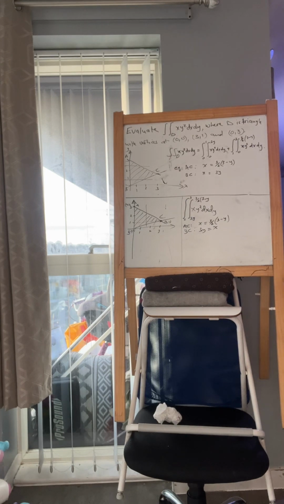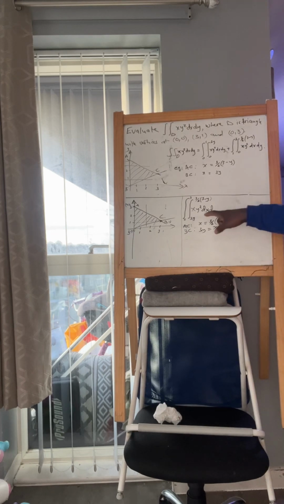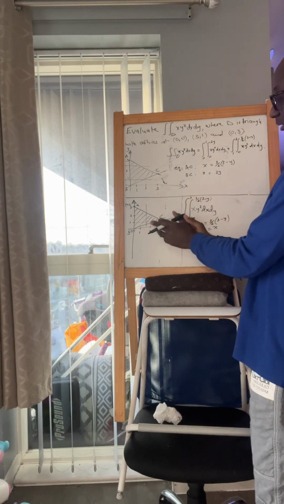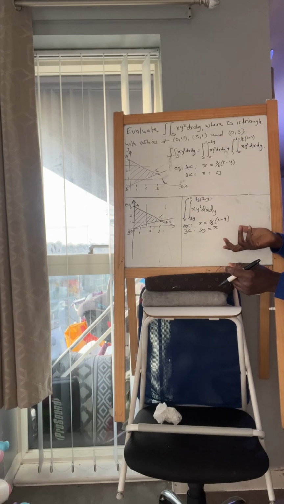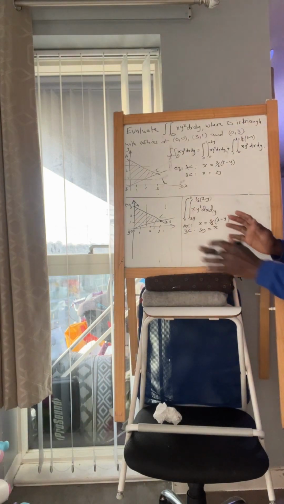So what do we need to find here? We need to find the value of x because we are integrating with respect to x. So we need x here to find the value of x here, not y. That's the trick. This one is in fact a shorter one and it's easy to handle.